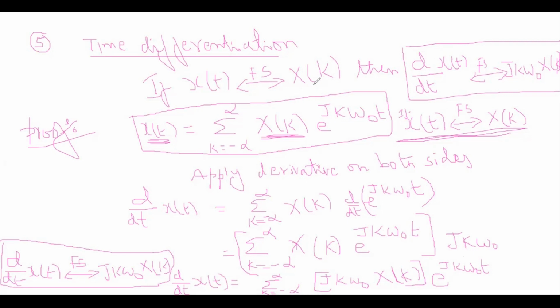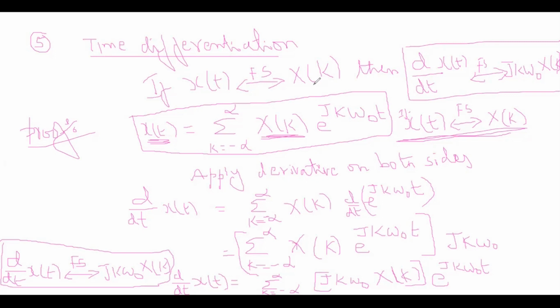Understood? So the first is the linearity property, the second is the time shift property, the third is the frequency shift property, and the fourth is the scaling property. For all these four properties, we prove the statements using the analysis equation.